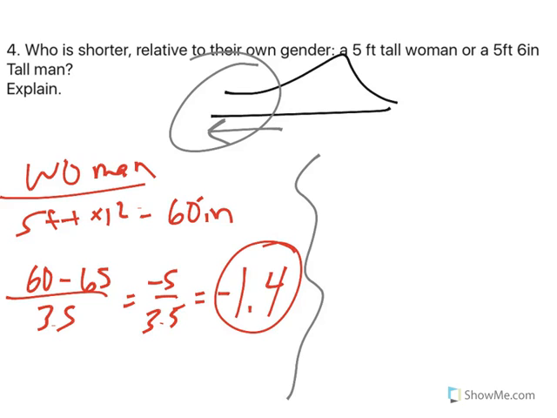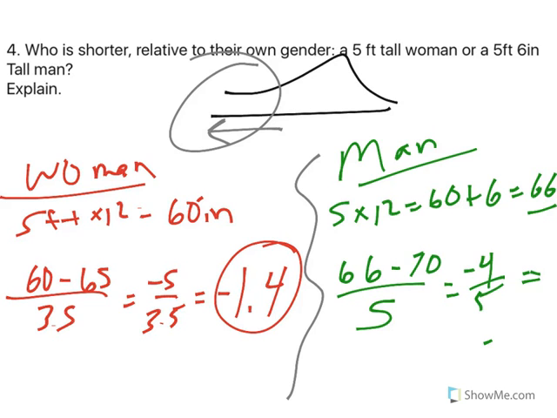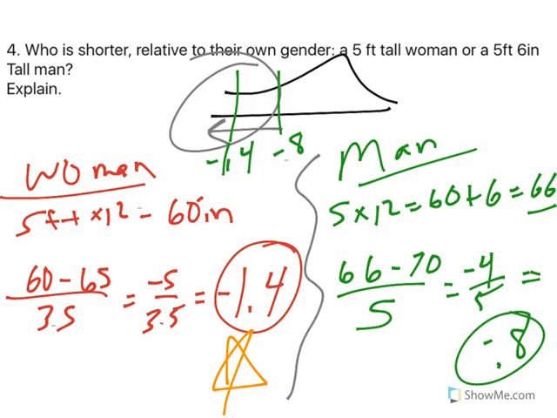The man is 5'6". So 5 times 12 gives me 60 inches plus the extra 6. He's 66 inches tall. 66 minus 70 divided by 5 gives me negative 0.8. So when you're looking at who's shorter, well, negative 1.4 is going to be over here. Negative 0.8 is closer to 0. So therefore, once again, as usual, the woman wins. She is shorter.